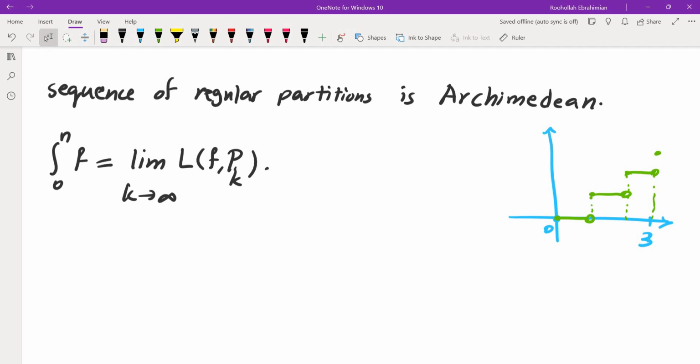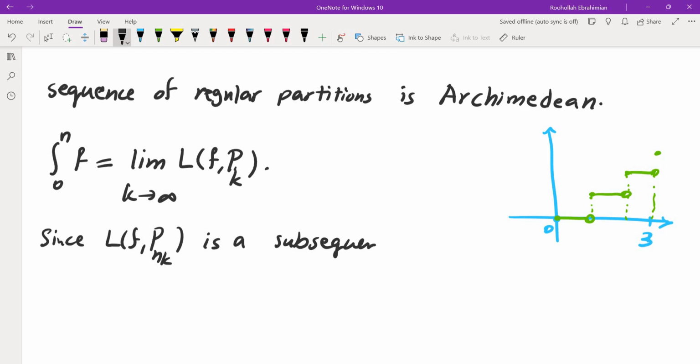So let's look at the sequence of partitions that are multiples of n. So I'm just going to do pnk, multiples of n, is a subsequence of lower sum f pk.